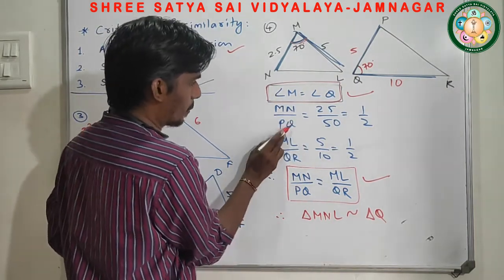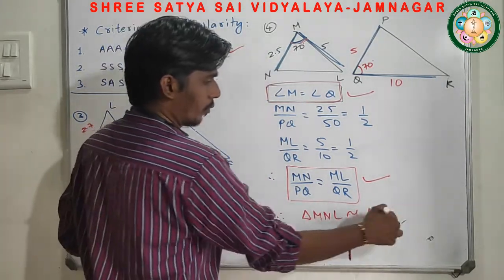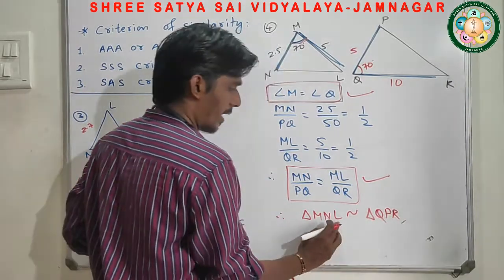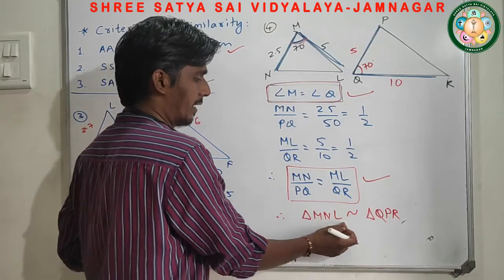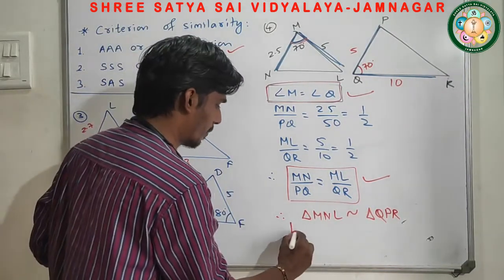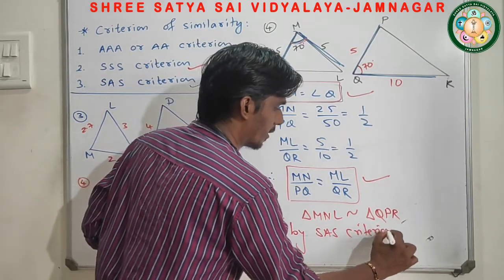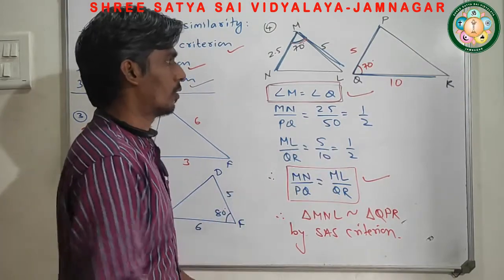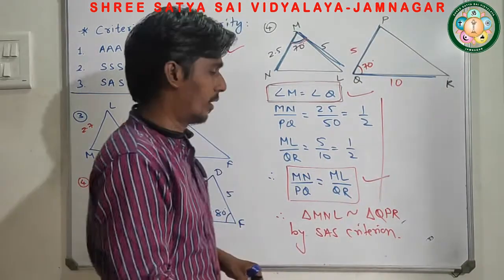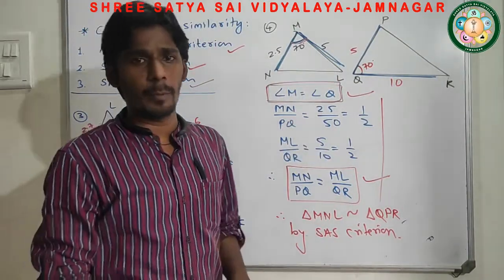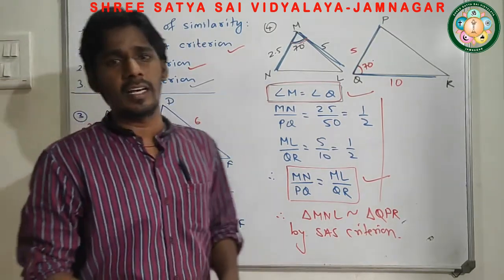Q. So M corresponds to Q. Then N corresponds to what? P. Now what is remaining here? R. It means L corresponds to R. So this is the symbol for similar. So this is the way MNL is similar to QPR, by which condition? By the side angle side criteria. I hope you understood. This is a very important condition: if any one angle is equal and the included sides are in proportion, we can say that by the side angle side criteria the triangles are similar.